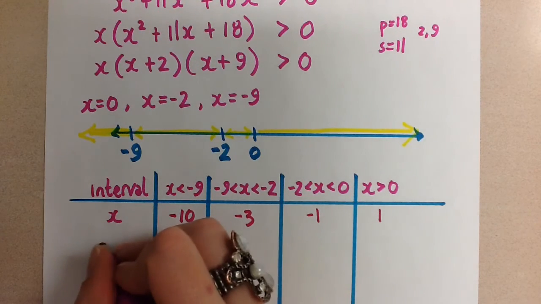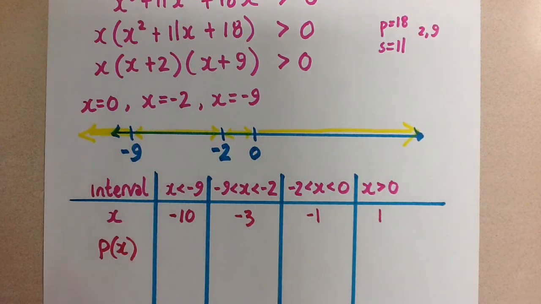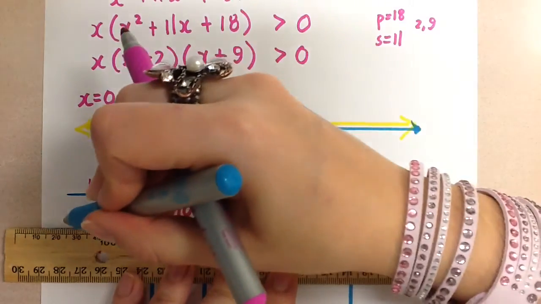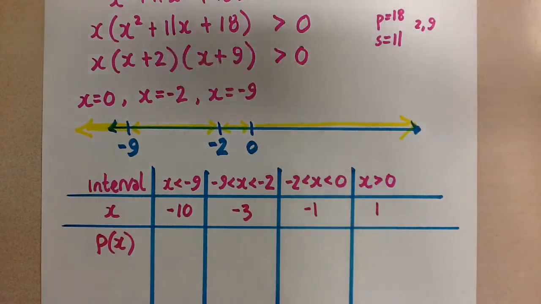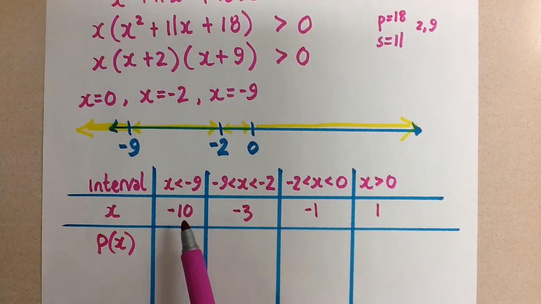Okay, now we need to test the value of the function of that polynomial for each of the x's that we chose. So we have to do just some quick mental math here with each of our factors when we sub in the x values. The value of the function at each x value is not what's particularly important to us. It's whether or not the function is positive or negative at this x value.